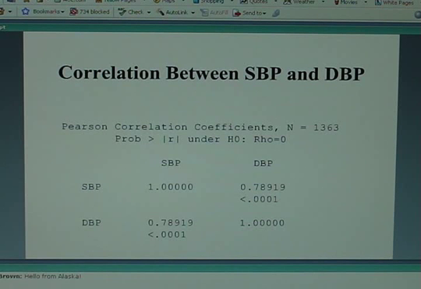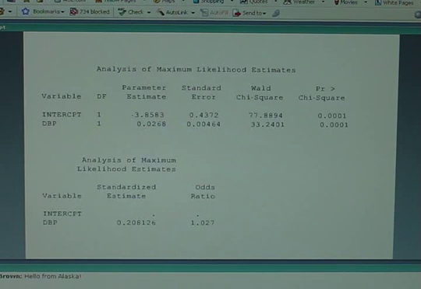Well, it turns out in that data set of the 1,363 people, the correlation coefficient between systolic blood pressure and diastolic blood pressure is 0.79. They're highly collinear. They're highly related. What happens if I fit a model with just diastolic blood pressure? Here's a model that says a person's log odds of getting coronary heart disease is V0 plus V1 times his or her diastolic blood pressure.